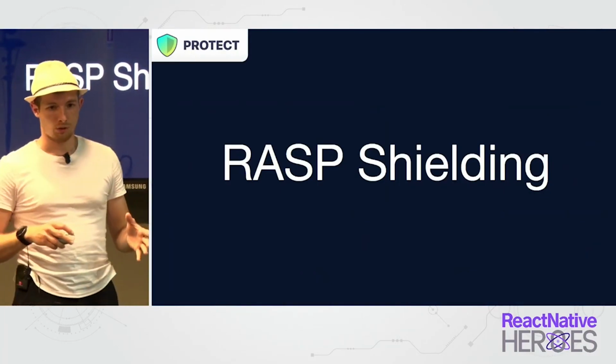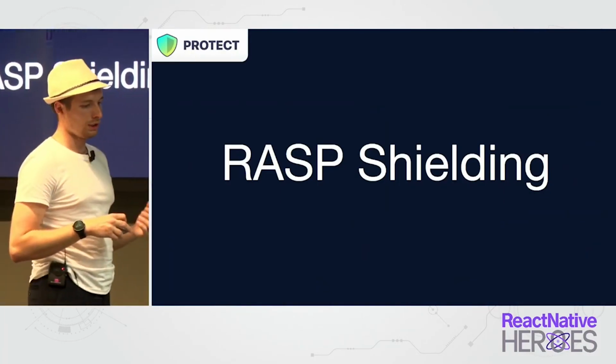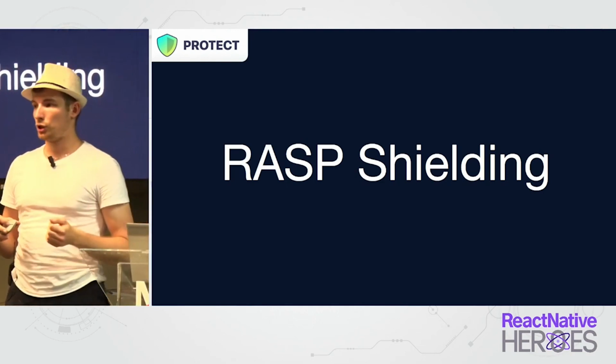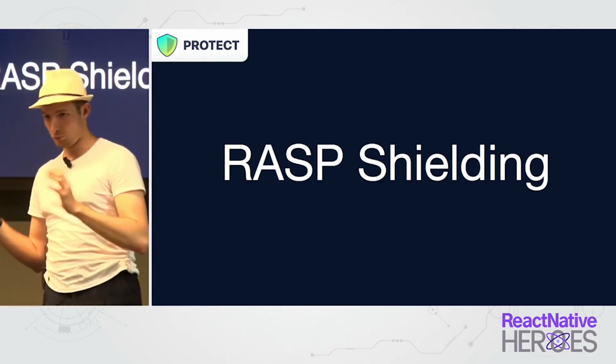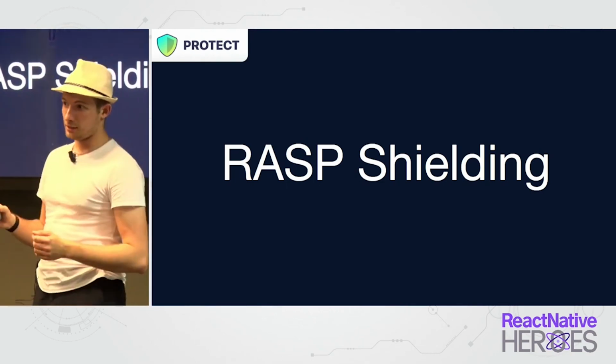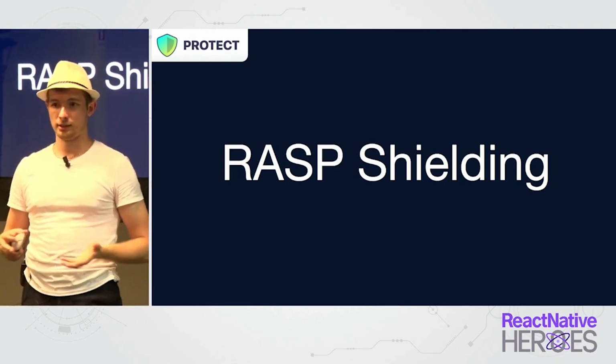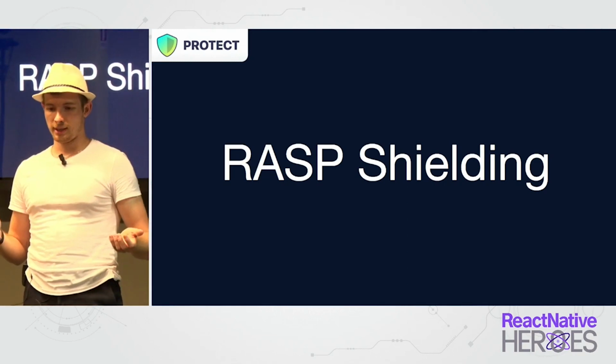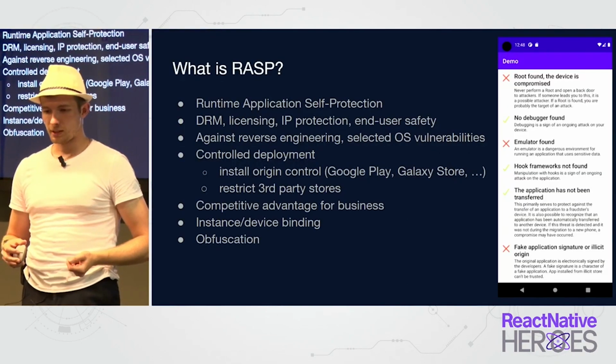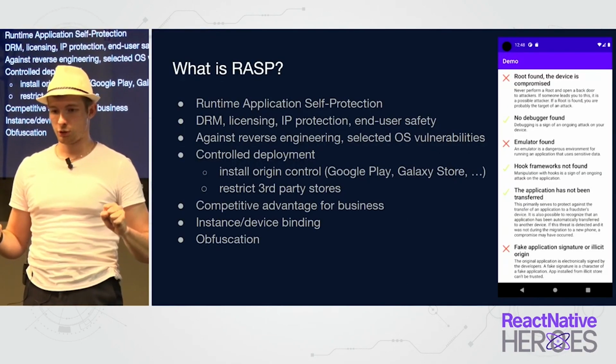The technology, or the acronym of this technology, is RASP. Runtime Application Self-Protection. Self-protection, you got it. So the application has to defend itself against the rogue environment, and I will show you this technology.